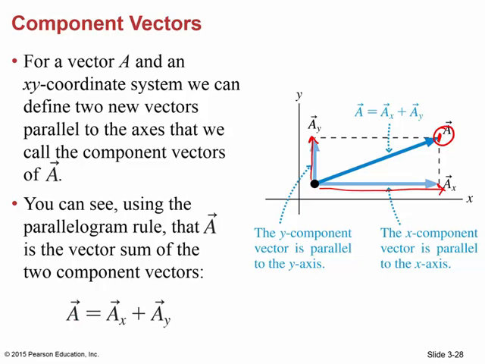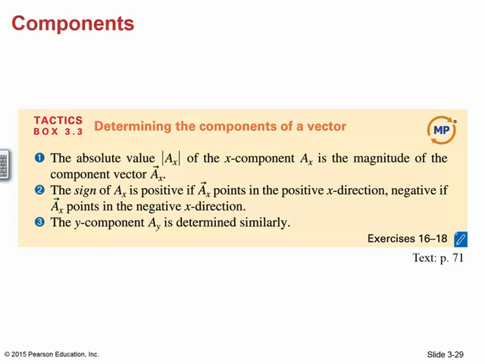Now, the vector is simply stated as being equal to the x component plus the y component, okay? So that's simple. Now, there are some basic rules to remember when we're doing the component method of vectors. Remember that the absolute value of the component x is the magnitude of the component vector Ax.